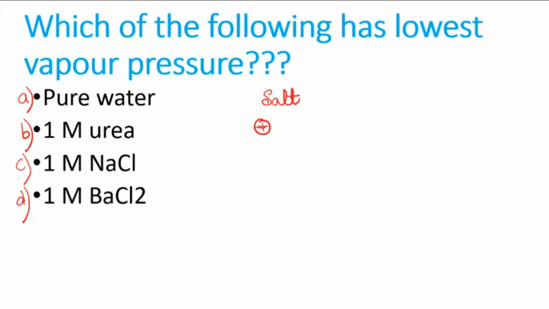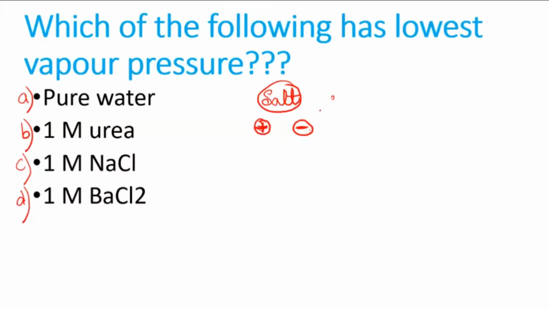So there are positive ions and then there are negative ions. Suppose I have added one salt, it will have one positive ion and one negative ion. So if one salt is taken, that will dissociate to give you two ions, no? So the number of solute particles will increase if they dissociate. Initially it was 1 when they were in the solid state.